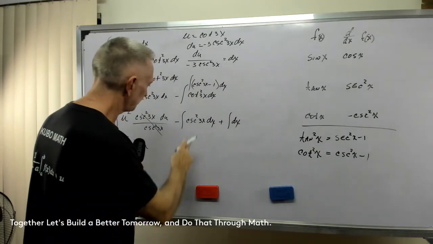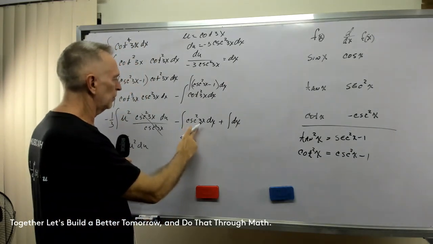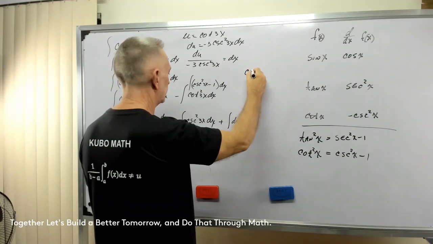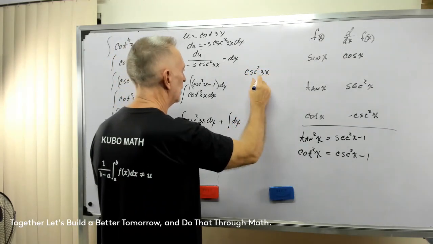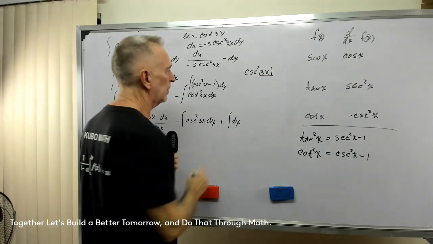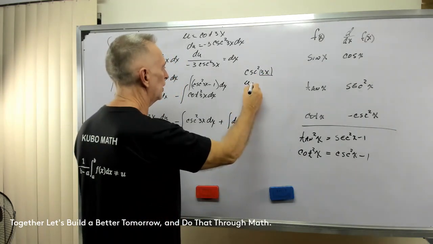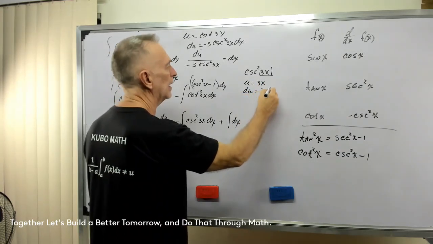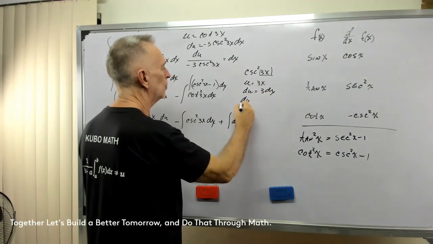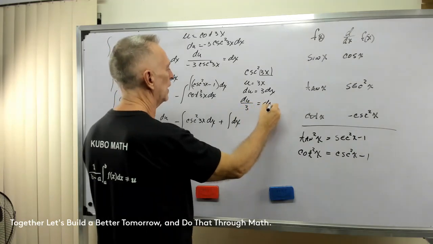Now then, let's work up here. We have this cosecant squared 3x, and we're just going to work with that piece of it. Let's let u equal 3x. du equals 3 dx. du over 3 equals dx.